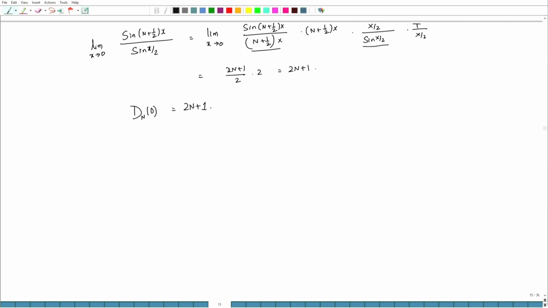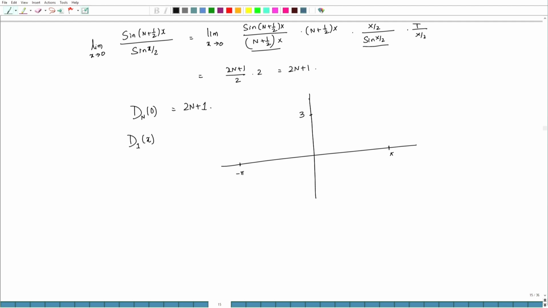Now, let us try to draw at least D_1 of x, how this is going to look like. Now, at 0, this is going to take the value 3. Now, this is my pi, this is my minus pi.